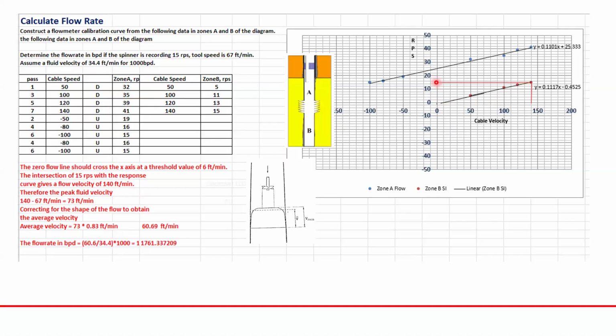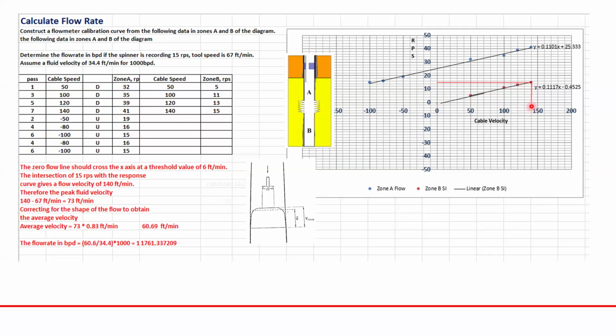I wanted to know, above a certain perforation we have 15 RPS. For this 15 RPS, the speed is about 67. So from the zero shut-in, this 15 is equivalent to a cable speed of 150, right?